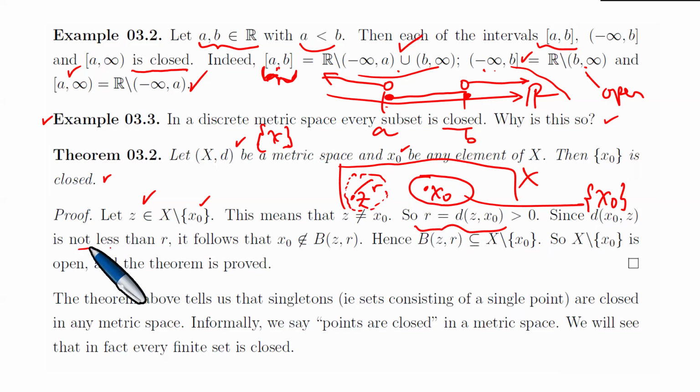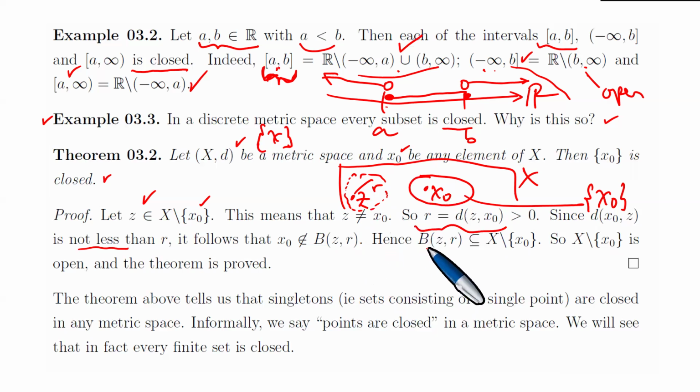It follows that x0 is not an element of this open ball of center z and radius r. So x0 is outside this open ball, because it's a lot for us to move from here to there.